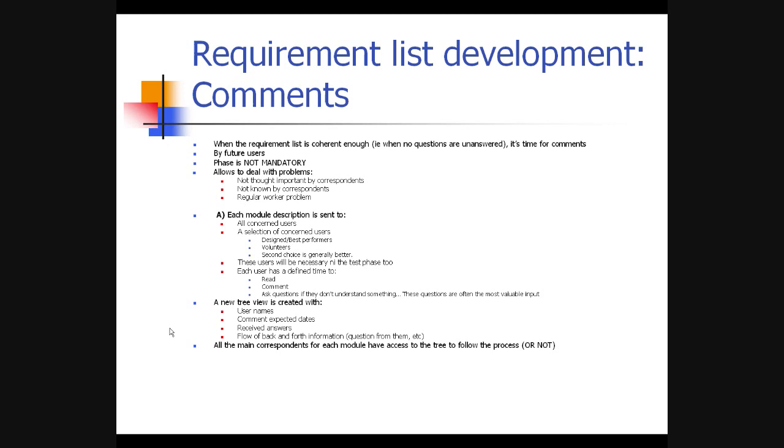Is this phase going to be public or secret? And in some cases, you're even going to have to set up an anonymous letterbox for that phase, which means that you're going to send the detailed description to several users in each department, and you are not going to see who is answering you on what.